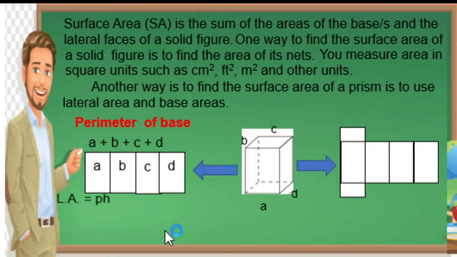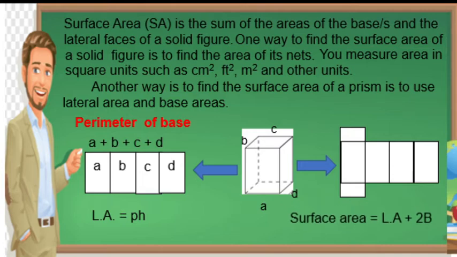So the lateral area is equal to the perimeter times the height, and the surface area is equal to the lateral area plus the area of the bases. We have to multiply it by 2 because of the top and the bottom.